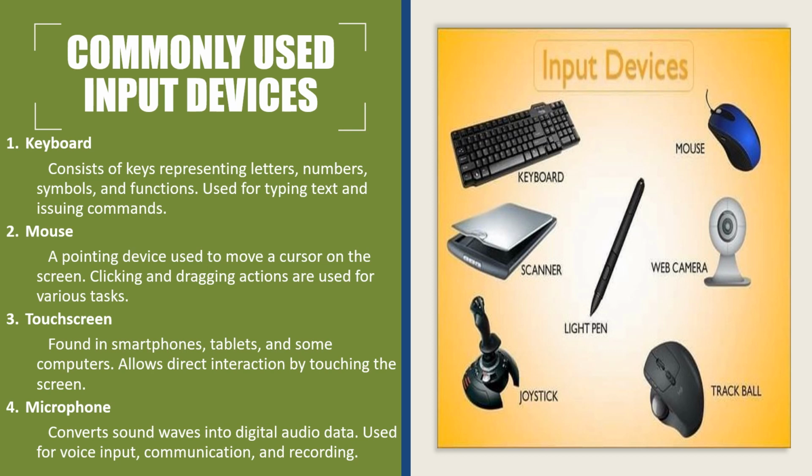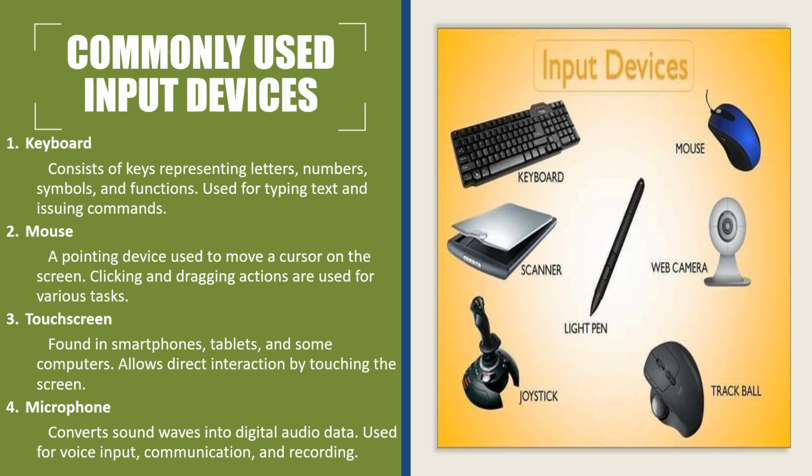Microphones. Another input device is the microphone. It converts sound waves into digital audio data and is used for voice input, communication, and recording. You can see in this picture some other input devices like the scanner. It scans the data and gives it to the computer and the processing unit.